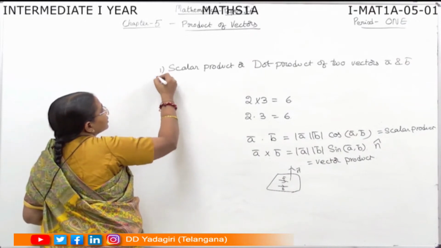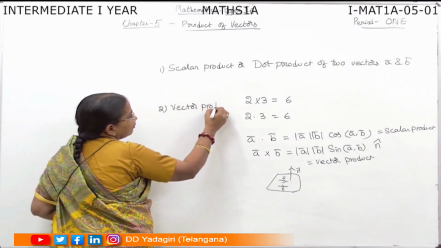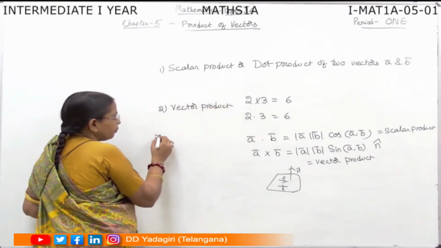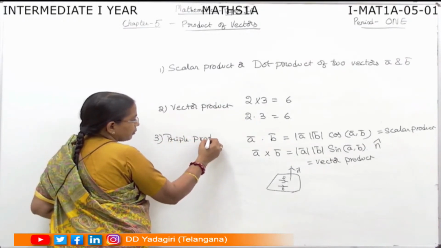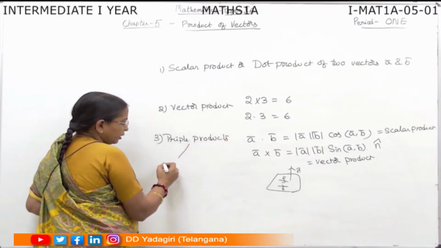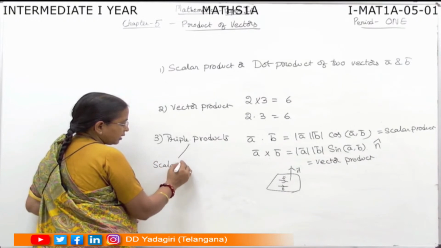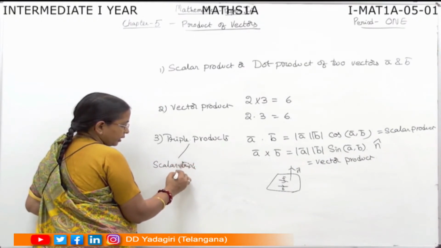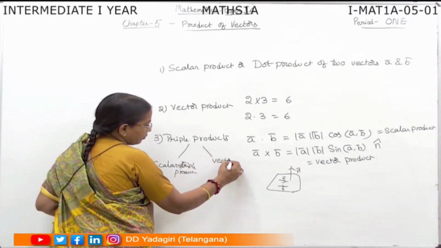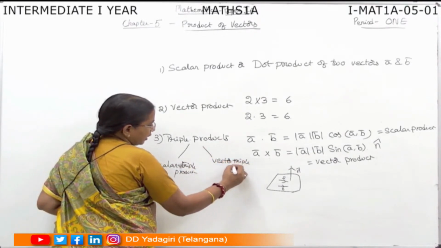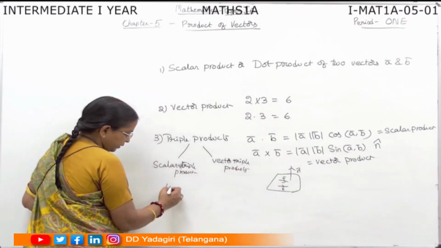Second topic is the vector product of two vectors, and then we'll define triple products between three vectors. In this again you have scalar triple product and vector triple product. Two kinds are there.